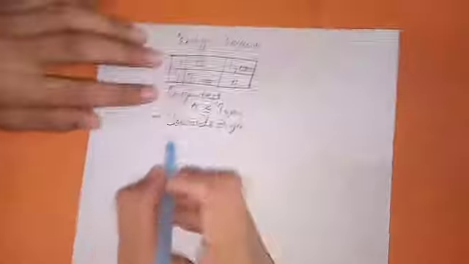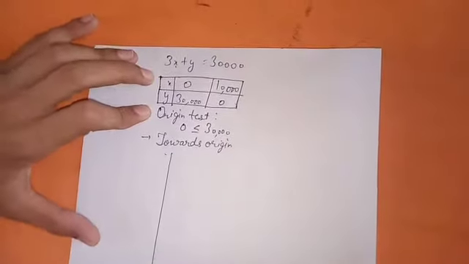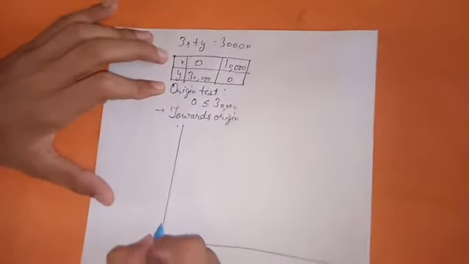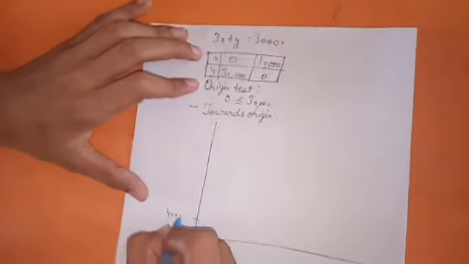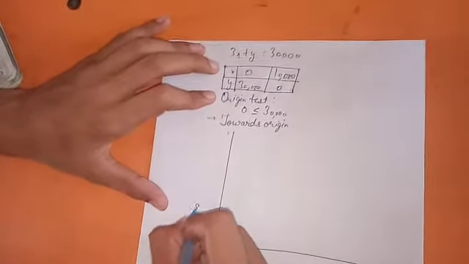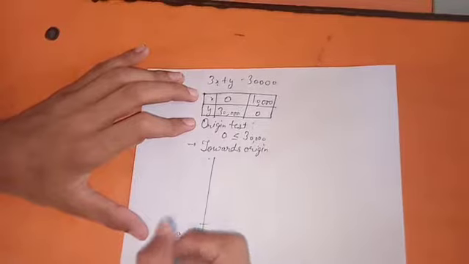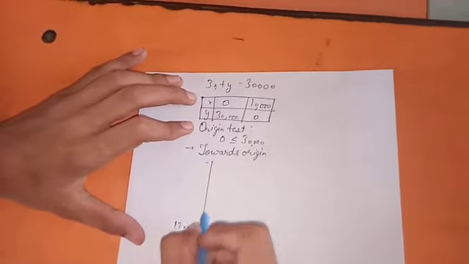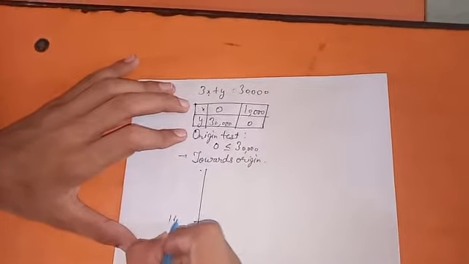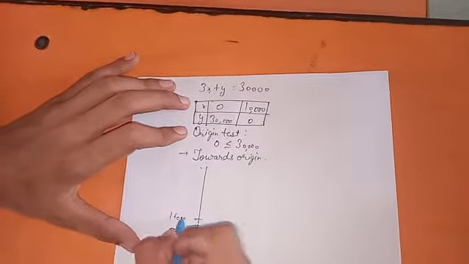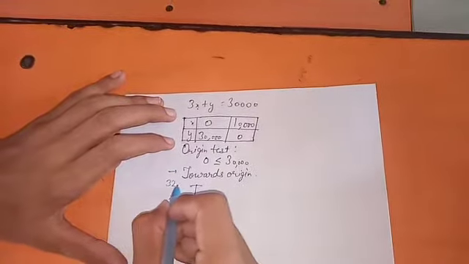Now we can draw our graph. Take y as 4,000, 8,000, 12,000, 16,000, 20,000, 24,000, 28,000, and 32,000.